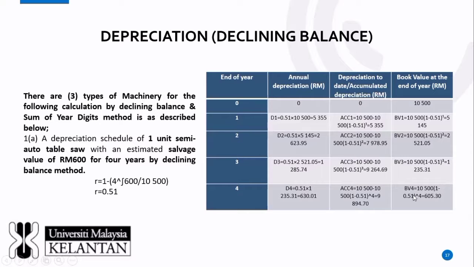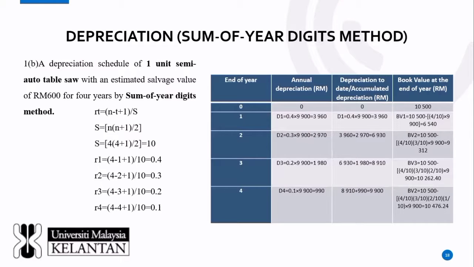Another thing we follow is the sum of year digits method, with this depreciation schedule for 1 unit of semi-auto table saw. Estimated salvage value is about 600 for 4 years, using the sum of digits method with the calculations below, with a standard of about 0.1.